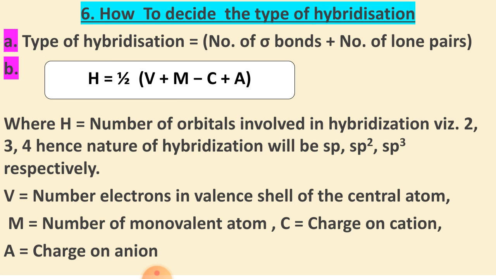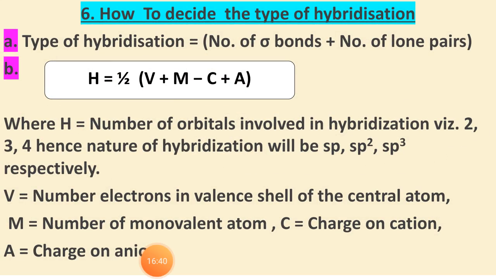So half into 10, that is 5. So the hybridization of PCl5 is sp3d. Like this you can calculate the hybridization either by knowing the sigma bonds plus lone pairs or negative charge, or by using this formula. So these are helpful for finding the hybridization of molecules.